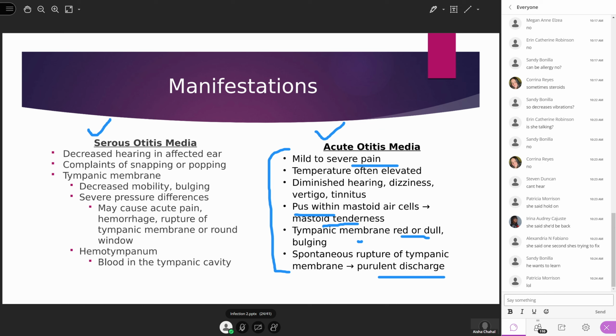Serous otitis media can be a little different presentation, because there is not going to be any infection symptom, but just hearing loss and pressure changes, and they're going to have pain. Hemotympanum is blood in the tympanic cavity.